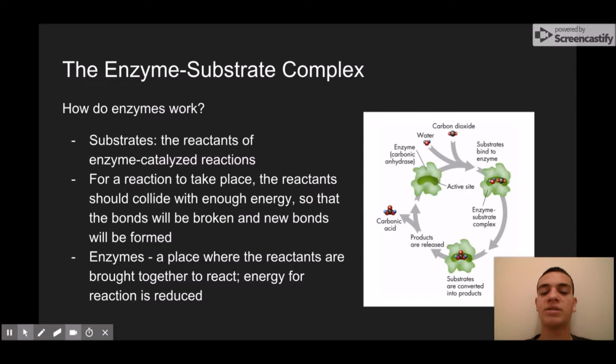Enzymes are the place where the reactants are brought together to react. Enzymes lower the activation energy level for the reactants and speed up the reaction. Reactants are also called substrates. The enzyme-substrate complex is the stage of the reaction when both of the reactants are brought inside the enzyme.